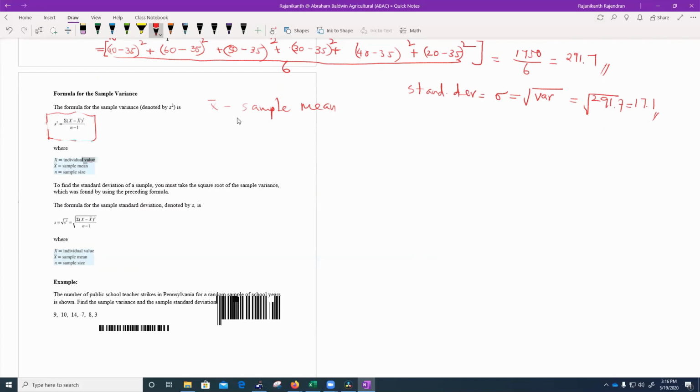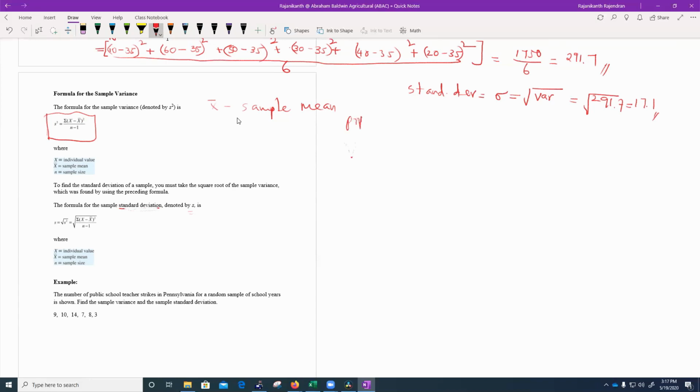This is the formula we use for the sample variance. Once you have the sample variance answer, simply take the square root of it to find the sample standard deviation. So we use little s.